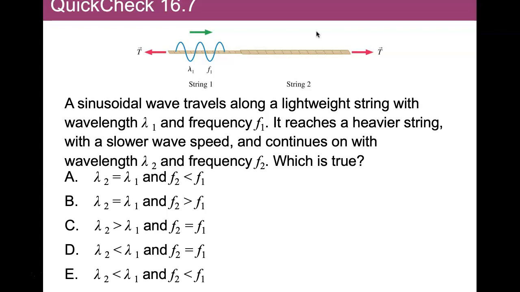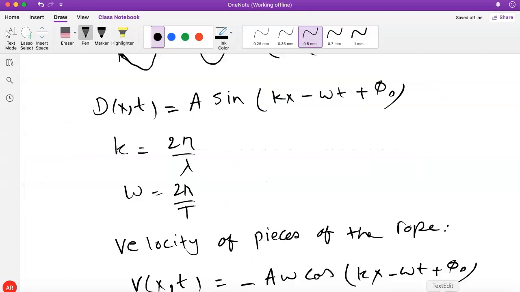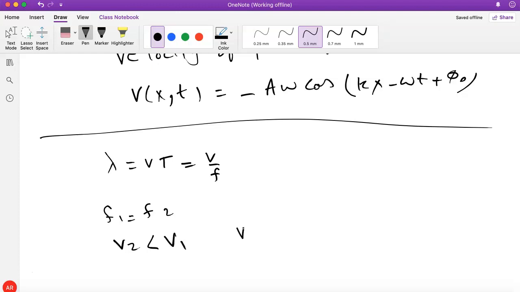Okay, so then what can we say? We know lambda is equal to Vt, and T is 1 over F, so that's V over F. So if V goes down, V gets smaller, V2, let's say, so F1 is equal to F2, and V2 we established is smaller than V1, because V is the square root of tension over mu.